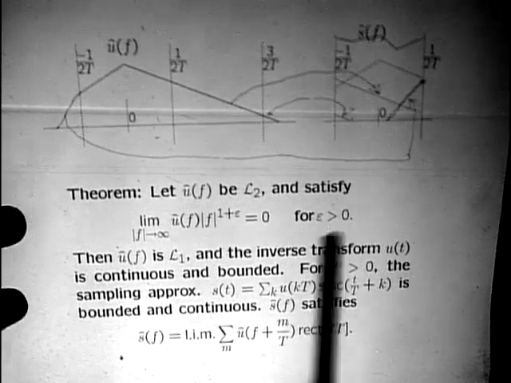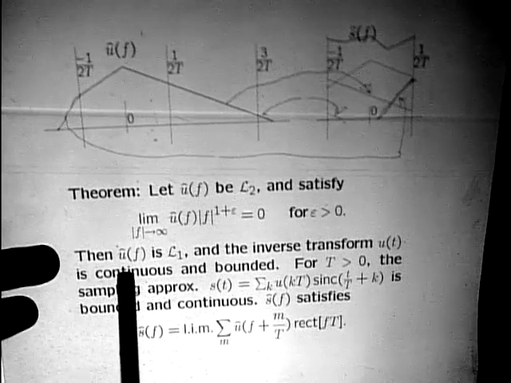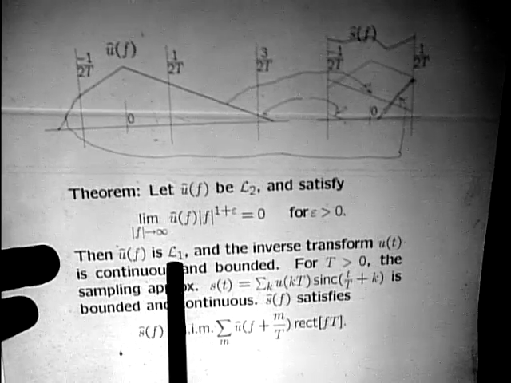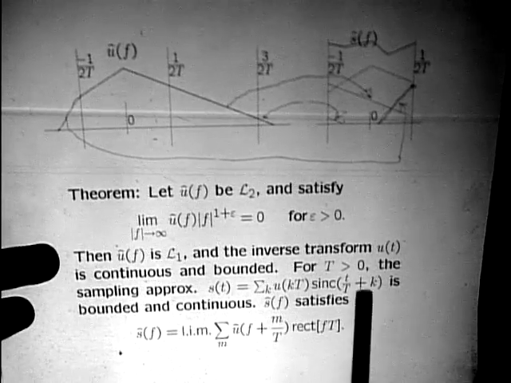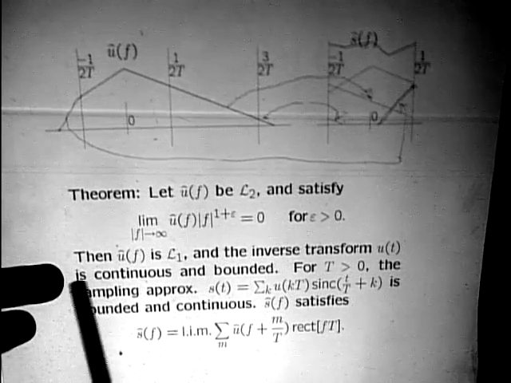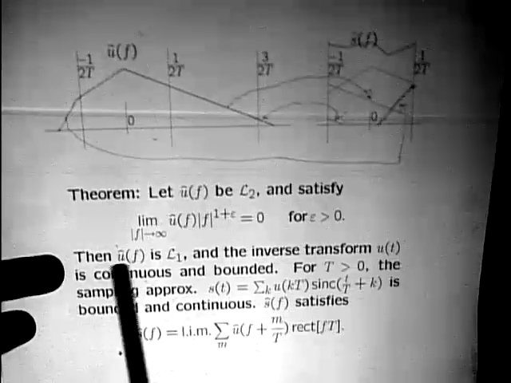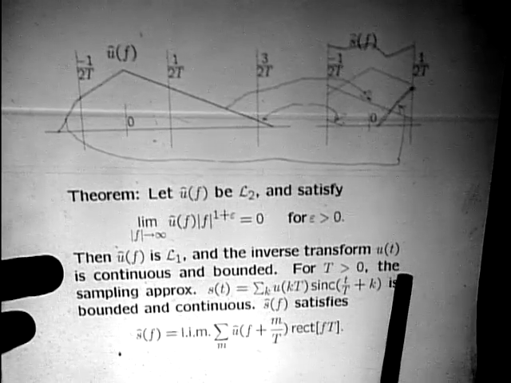Okay, if you have this condition, then the Fourier transform of u of t has to be an L1 function. The inverse transform u of t has to be continuous and bounded. In other words, when we go from u hat of f to u of t, we get a bona fide function there.